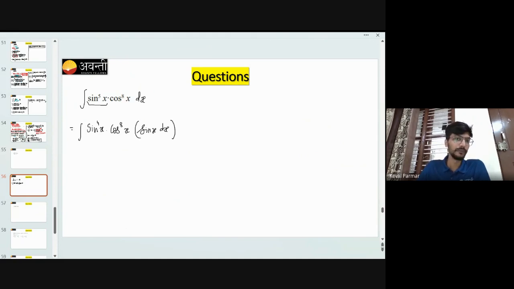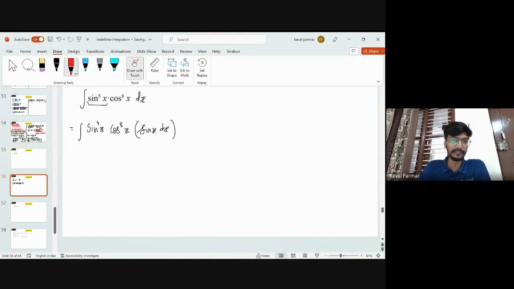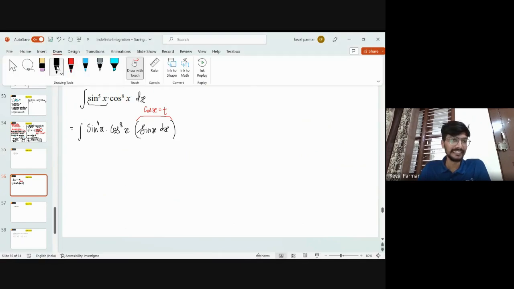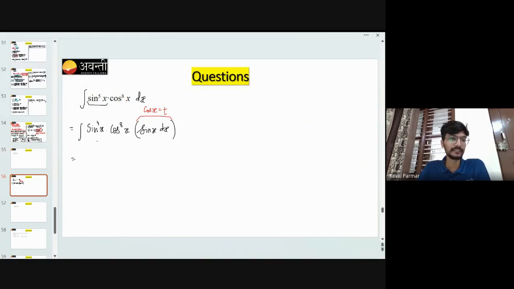Now, if you remember this, sine x dx, that means I need to put cos x equals to t. That means before putting, I'll adjust this.